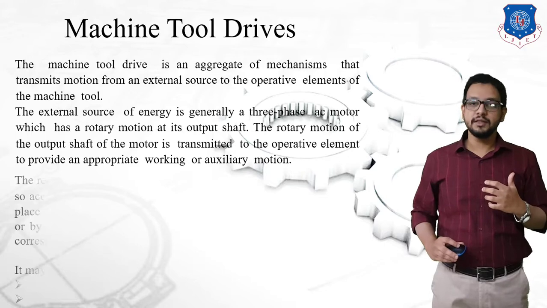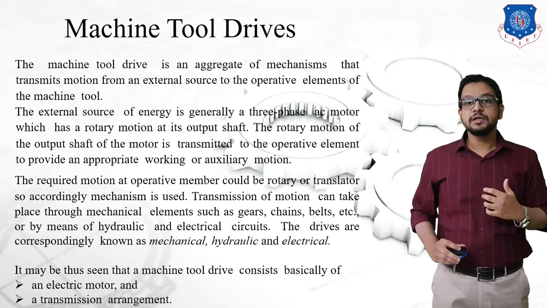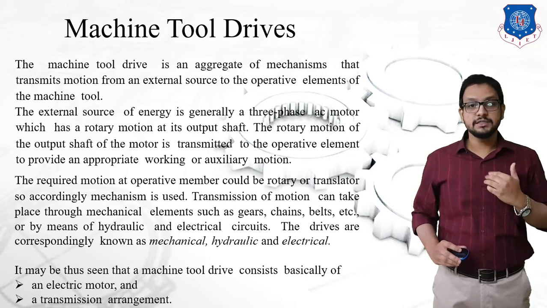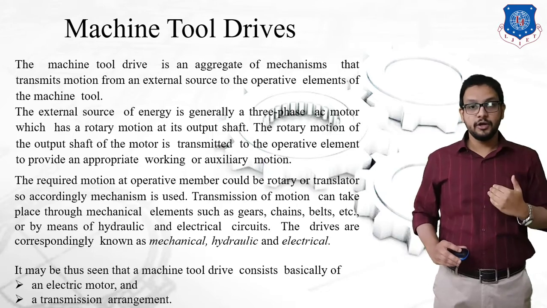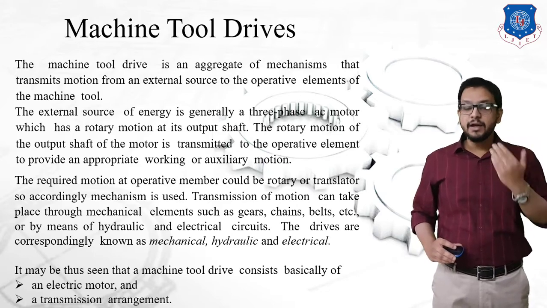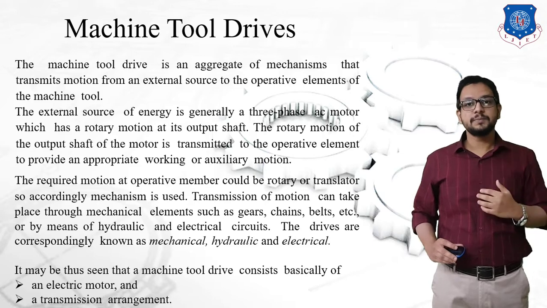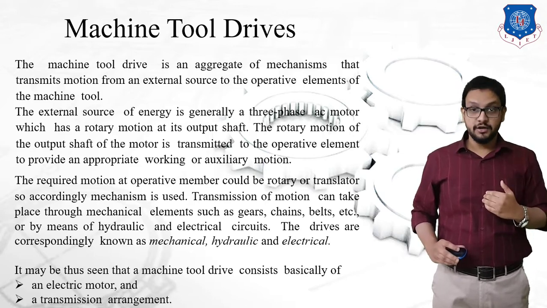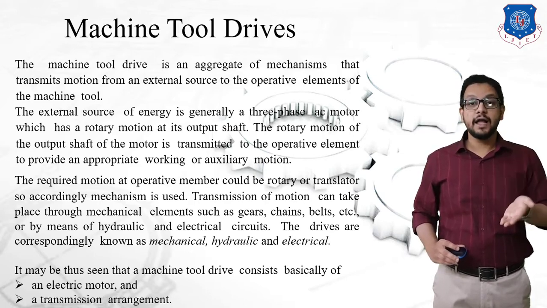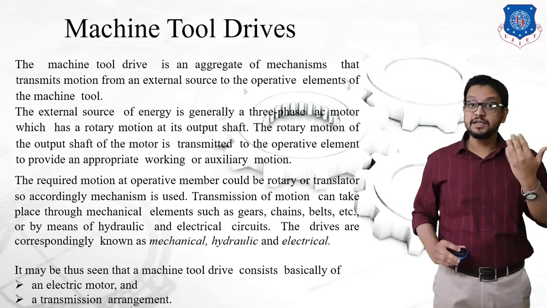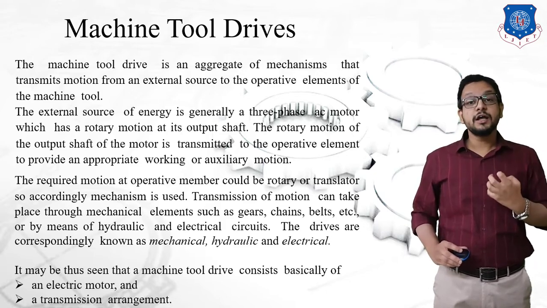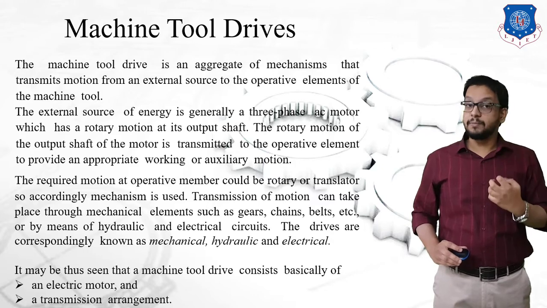For performing that, we can use different types of mechanisms, that is different combinations of a drive. There could be mechanical elements, for example gears, belt, chain, or hydraulic elements, in which we are going to see hydraulic cylinders and pumps, which are used as a drive to transmit the mechanical power.